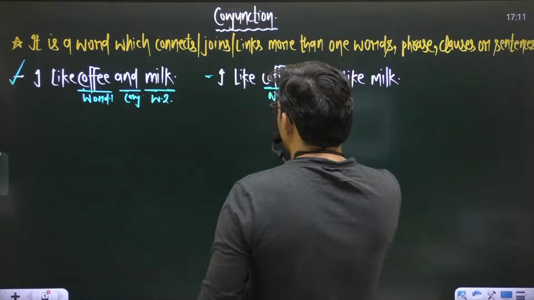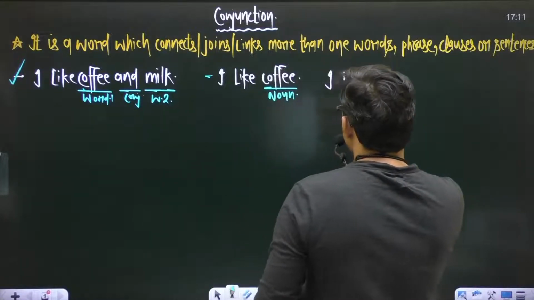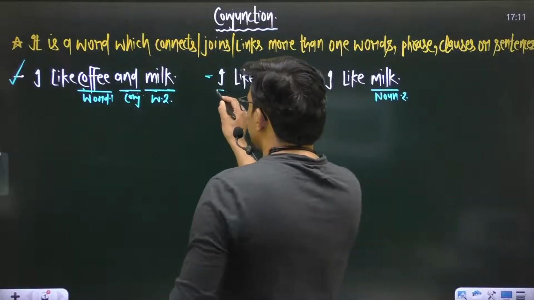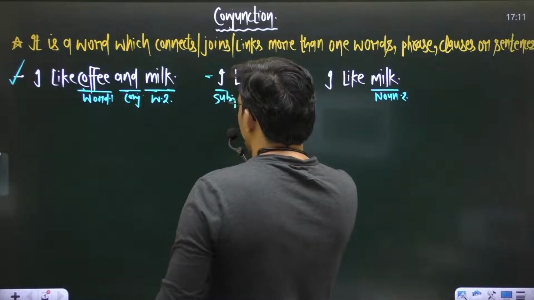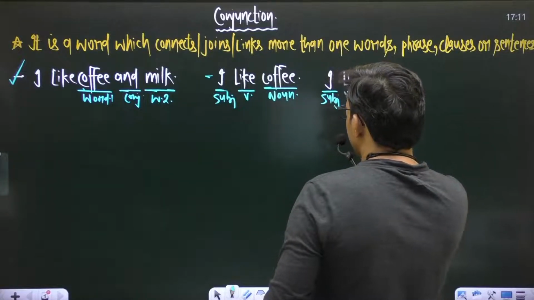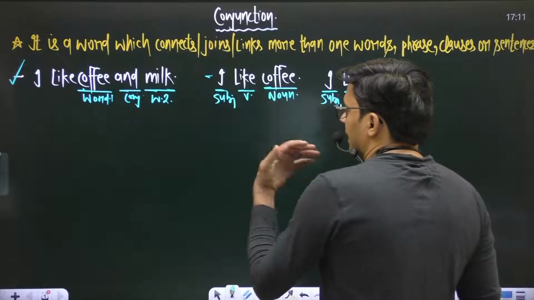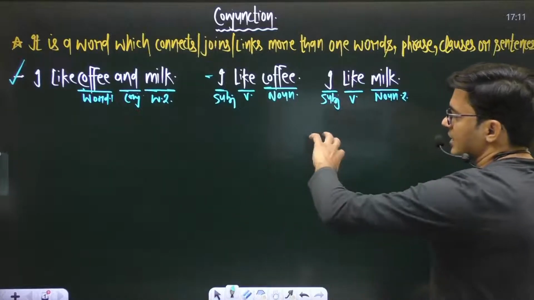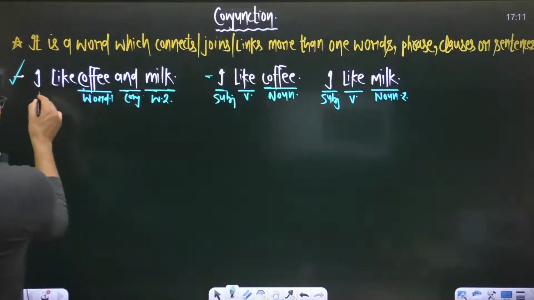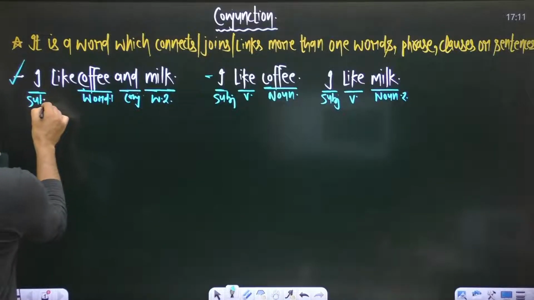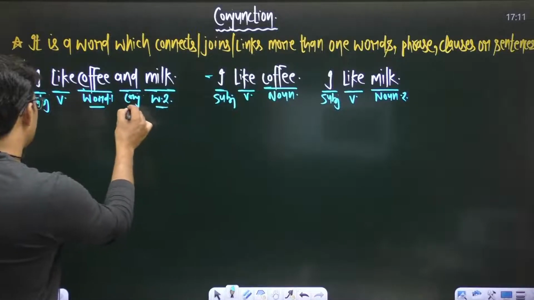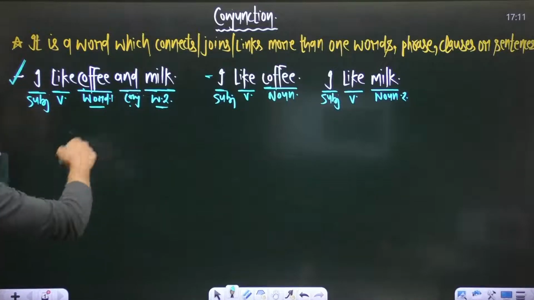One word is noun, first is coffee, second is milk, and the rest of the words are similar. This subject is similar, this verb is similar, right? Both subject and verb are similar. So after constructing conjunction, what we did, we kept the subject and verb similar, and we just connected two different nouns with the help of conjunction.